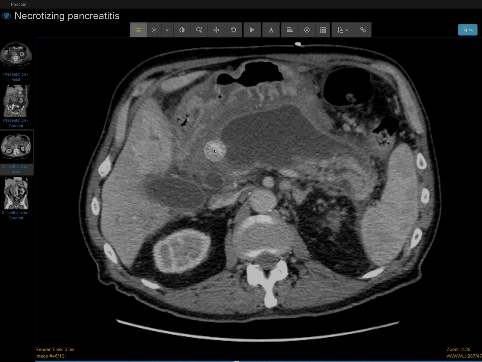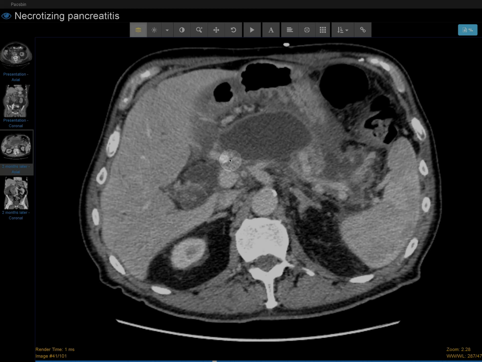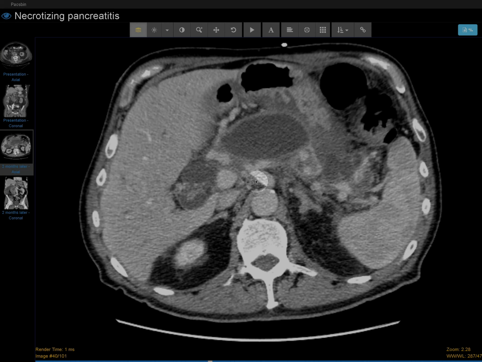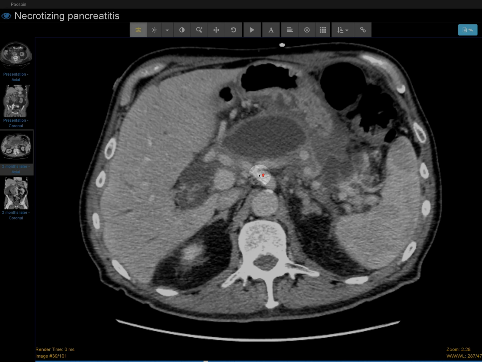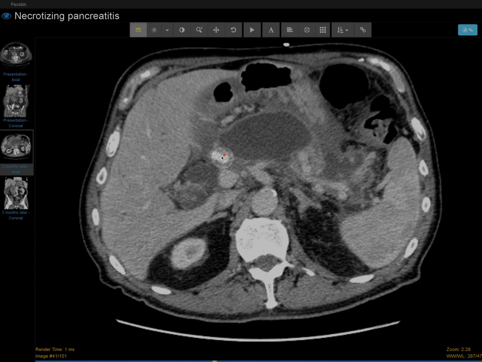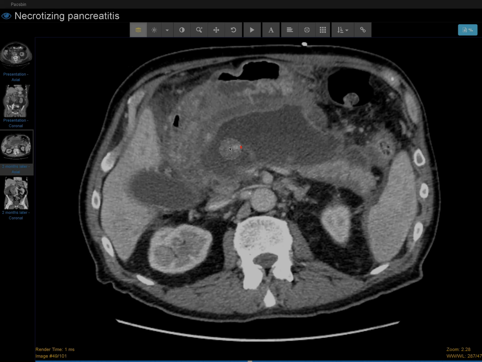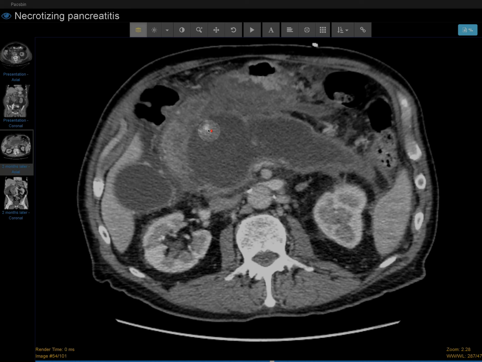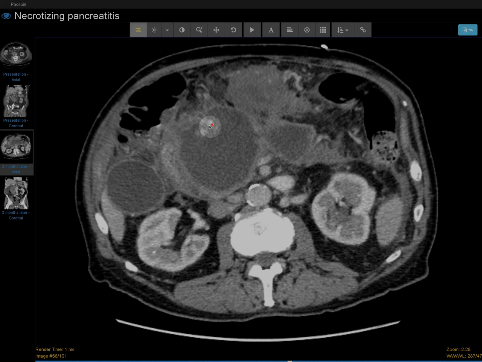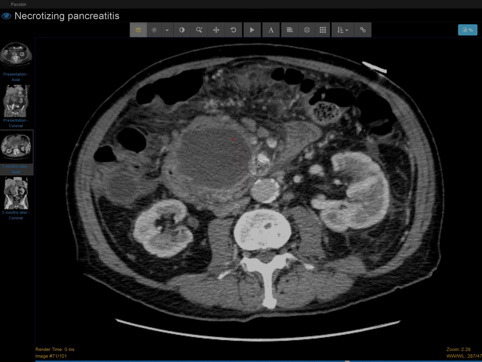And if I follow it back, it's coming from here. So this is celiac trunk, common hepatic artery, and this is the gastroduodenal artery. So the branches of the gastroduodenal artery are going right through the collection itself.